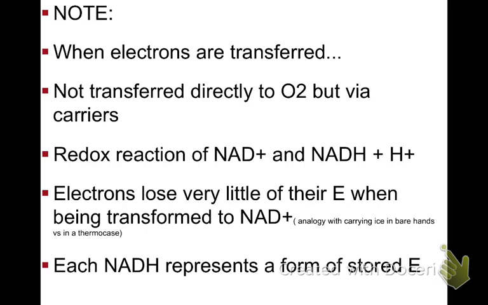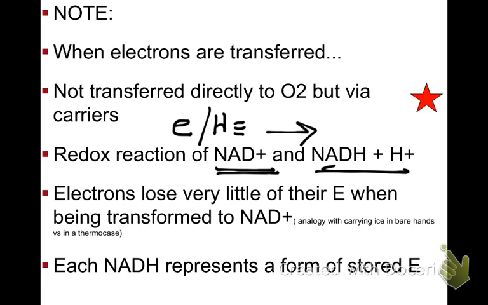So basically what he's trying to say is, it is transferred not directly but in a redox reaction, wherein if it is able to collect the electrons and protons, it becomes NADH and H plus, which is like an energy rich molecule.